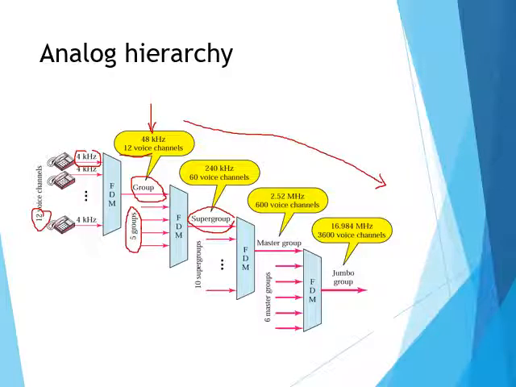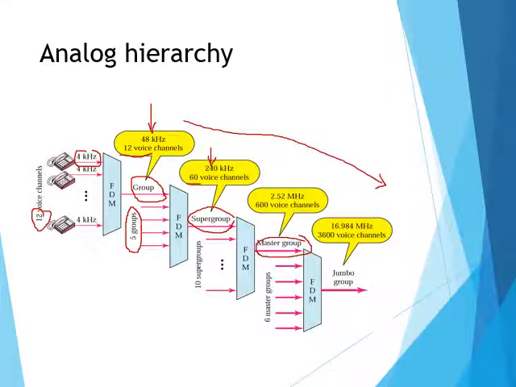So 5 groups equal 60 voice channels and 240 kilohertz. You just multiply to get 60: 5 times 12 equals 60.